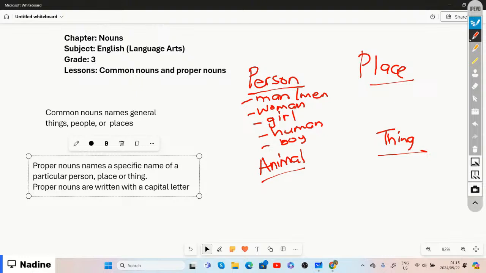Now let's look at places. Let's think of places that we can write down. Any place, it can be a common noun or a proper noun.